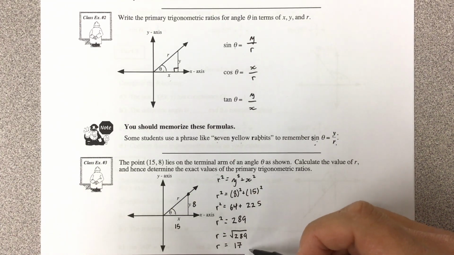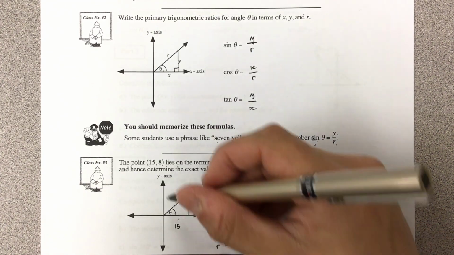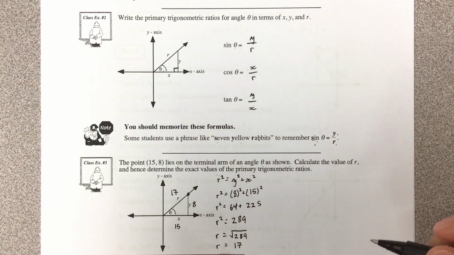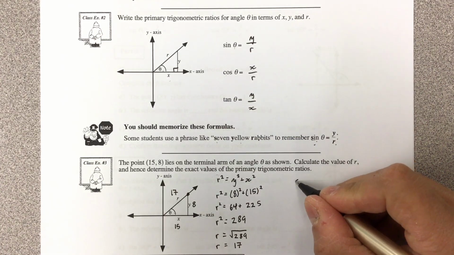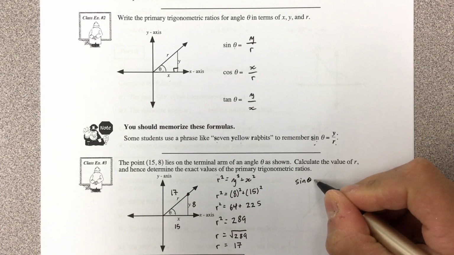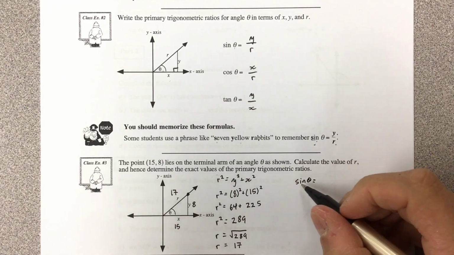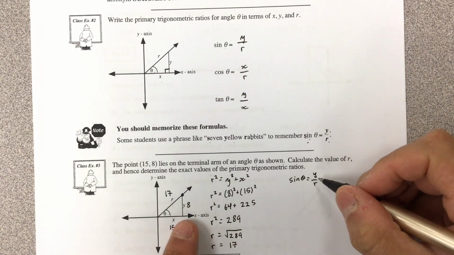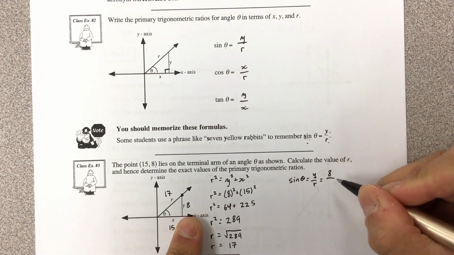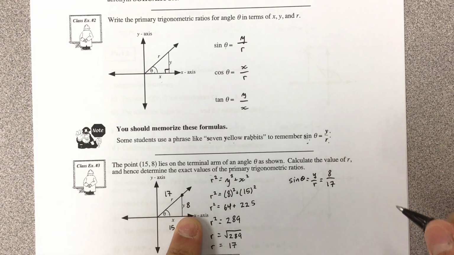Okay, now we have my value of r. This is 17. Now we can find out what the primary trig ratios are. So let's see, sine theta is equal to y over r, 7 yellow rabbits. So y was 8 and r was 17.